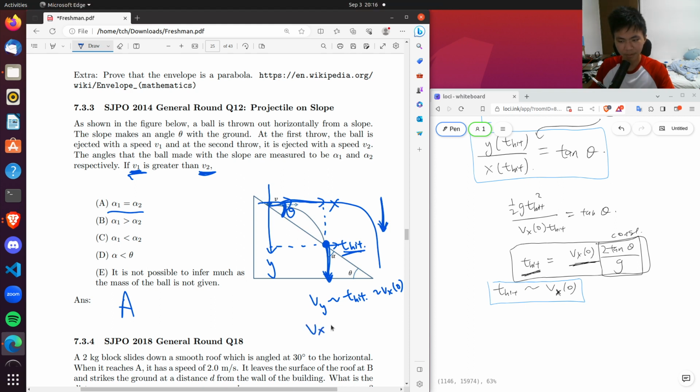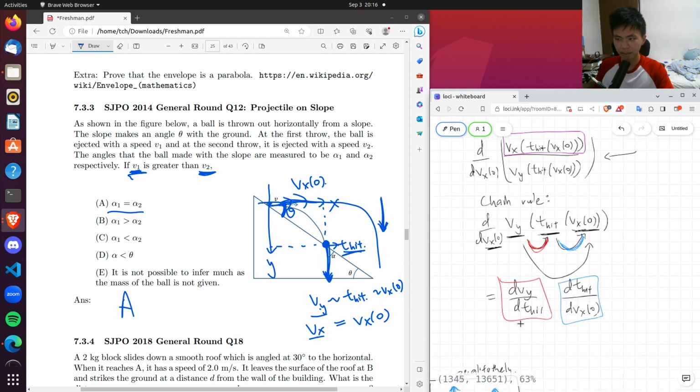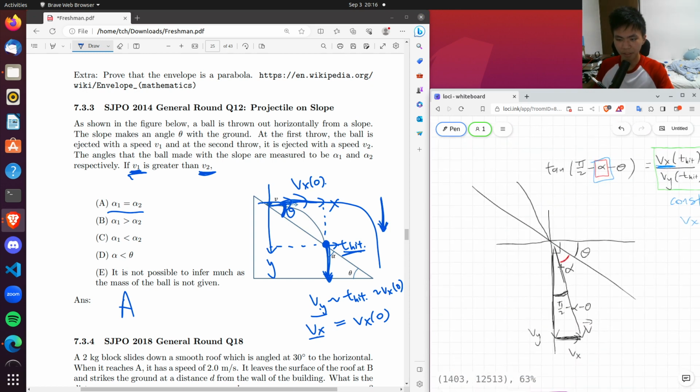Then it was obvious that vx is in fact equal to vx naught, since the horizontal velocity doesn't change. Hence the ratio of vx over vy remains constant with respect to vx naught. No matter what value of vx naught you choose, the ratio is always going to remain constant, and hence the angle alpha doesn't change.